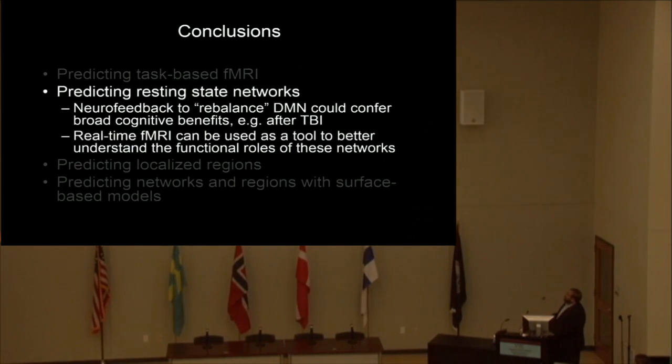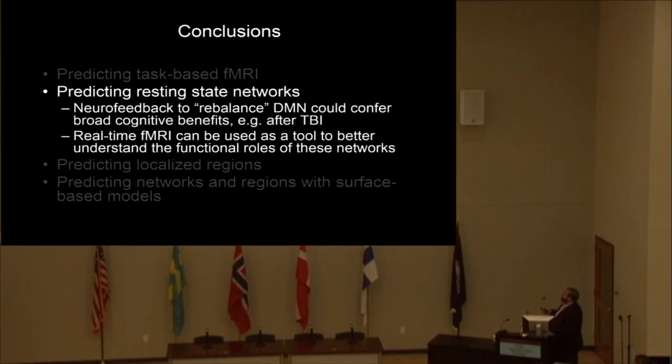Predicting resting state networks is something that we're really going after in terms of applications, because we think that this could be a very unique, holistic approach to rehabilitation after stroke or TBI, for example. But really, if you look at the literature, this could be very broadly applicable in a lot of domains.